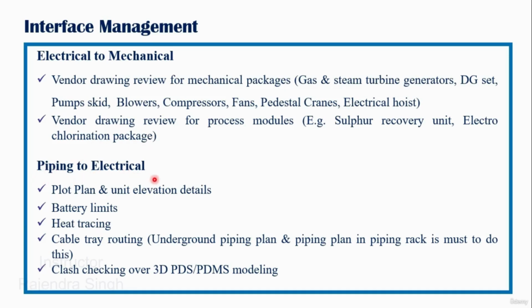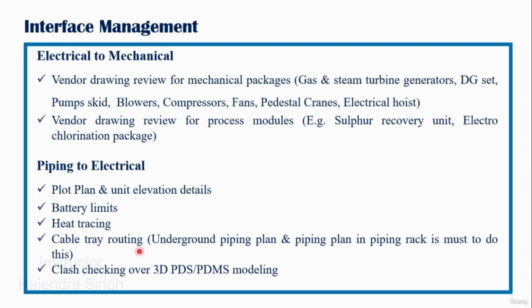From piping to electrical, we get the plot plan and unit elevation details. We get the battery limits, the ISBL, OSBL markings for any plant from the mechanical piping team. Heat tracing requirement details, that is the line list and the detailed isometric drawings.